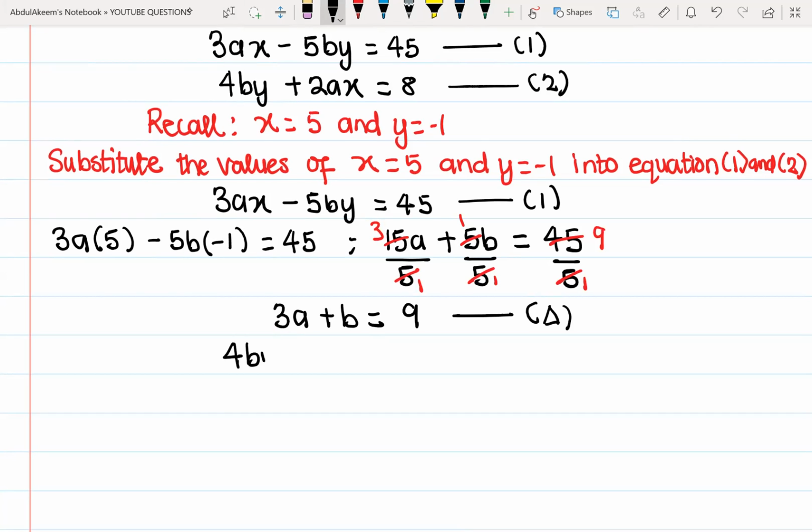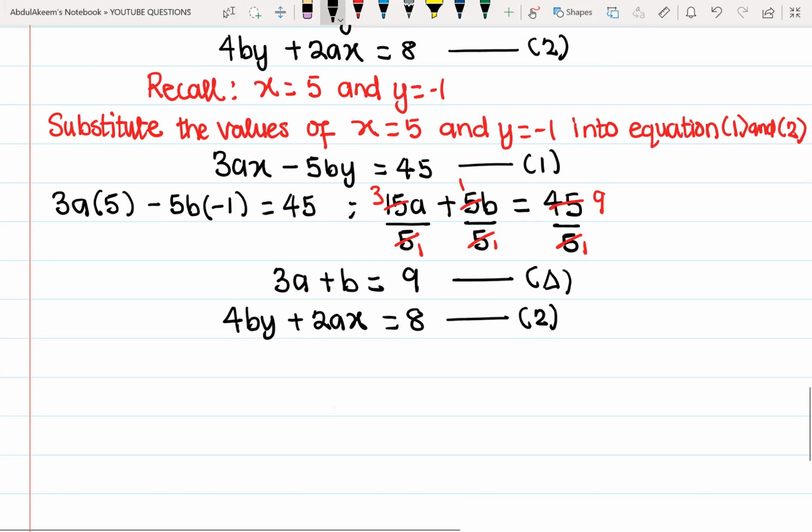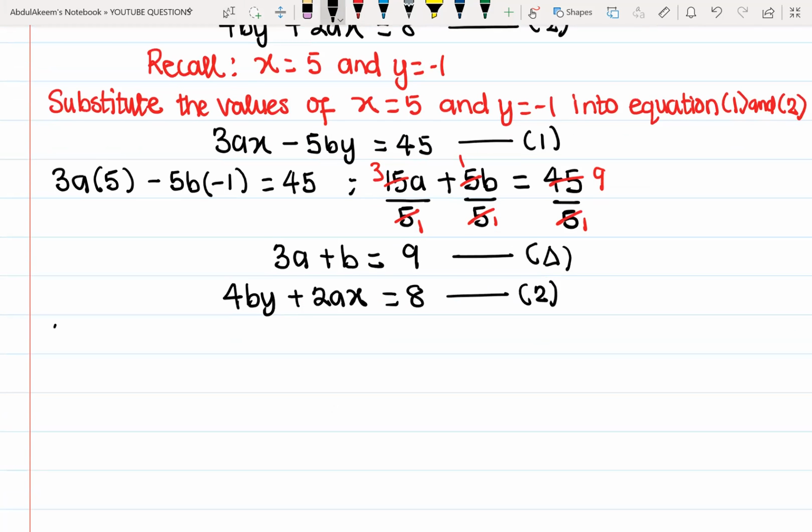So let's substitute those values into the second equation, which is equation 2, 4by plus 2ax equals 8. When I substitute those values, I will have 4b times minus 1 plus 2a times 5 equals 8. So this becomes minus 4b plus 10a equals 8.